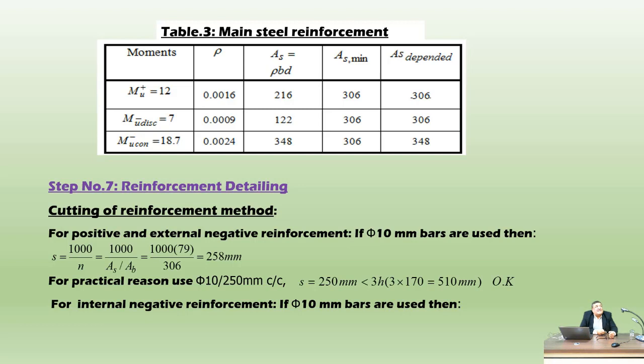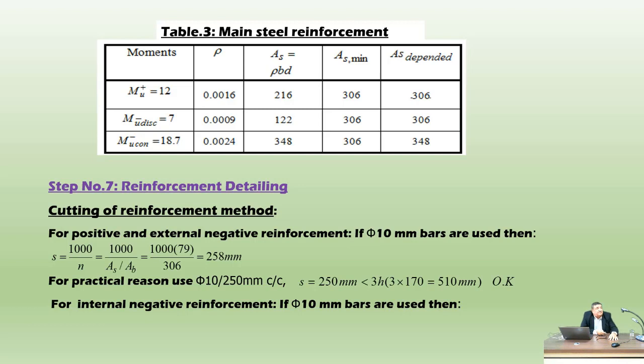Also shows AS minimum for positive and negative moment. At the continuous edge, the minimum reinforcement controls, which equals 306 square millimeter.